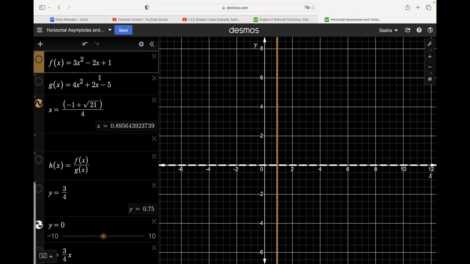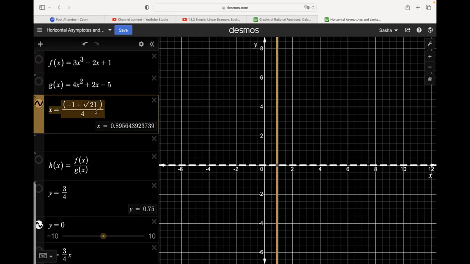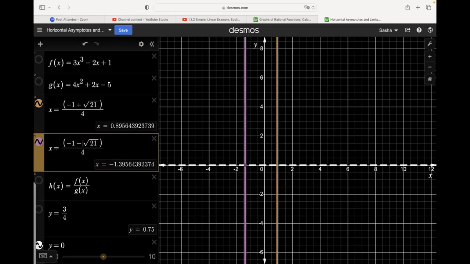Now, if we change the degree of the numerator, we still end up with those same asymptotes due to the denominator being 0.